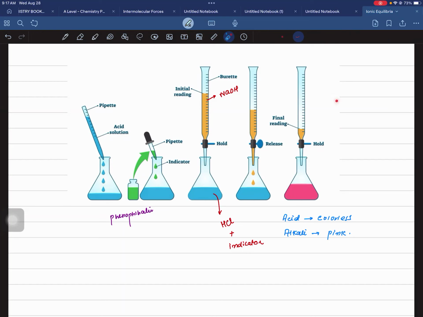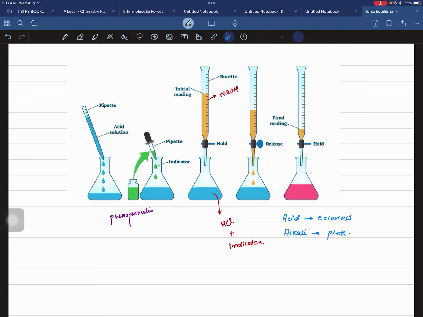So let's suppose I have added 8 cm cube of sodium hydroxide into the conical flask. So how much acid is left? You will say, sir, 2 cm cube of acid is left. Then I would say, will you see any color of indicator? You will say, sir, no.